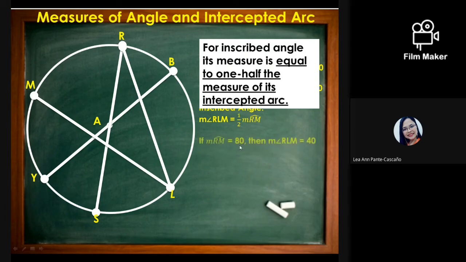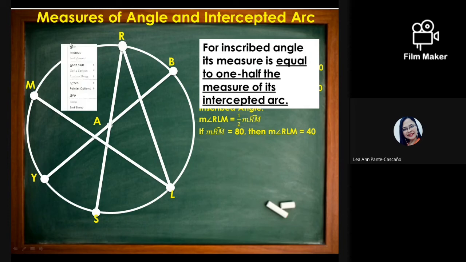Tingnan natin. Kung ang arc daw po is 80, kung ito po ay 80, ano daw po yung sukat ng angle RLM? O, nakalagay po dito is 40. Bakit siya naging 40? Kasi sabi po, half lang daw po ng sukat ng arc.